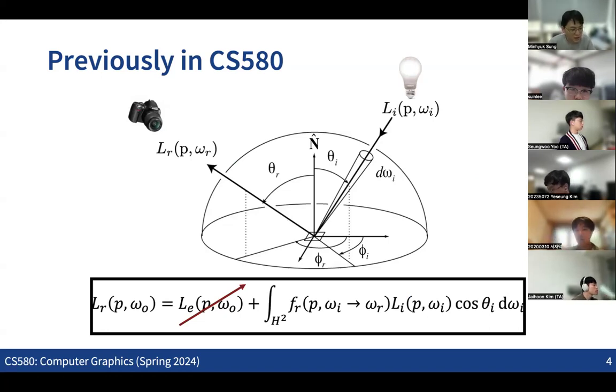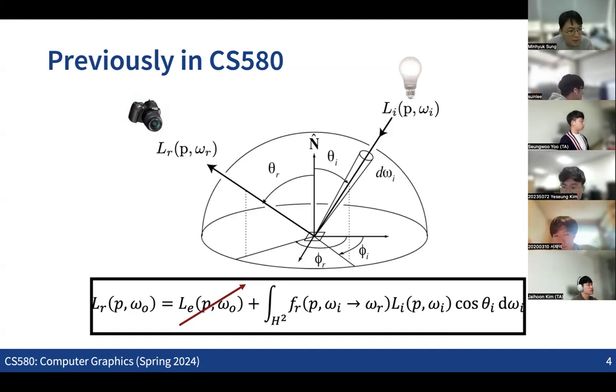The formulation takes the sum of the emission of light from the point that we are calculating the reflection for, and also integrates all the incoming radiance from all directions, then computes the reflection using our given BRDF function and takes the integral of that. So that becomes the outgoing radiance that we are calculating. So this is overall computing an integral.